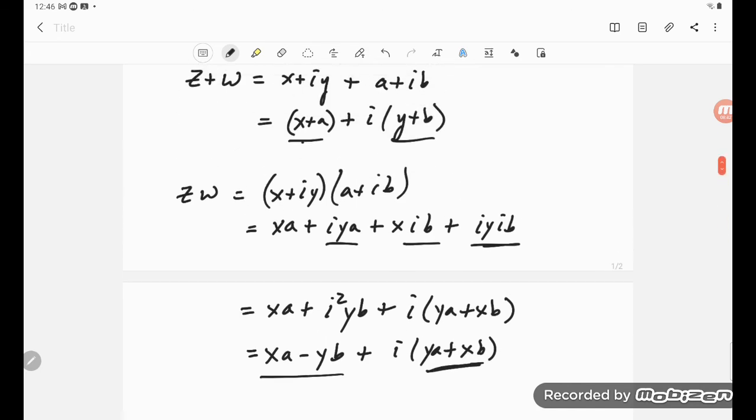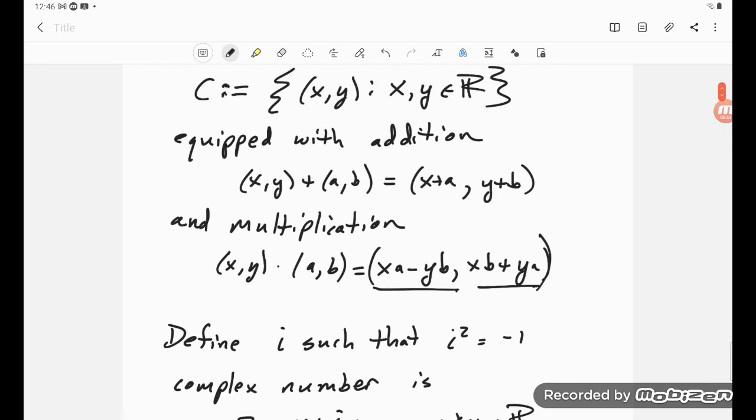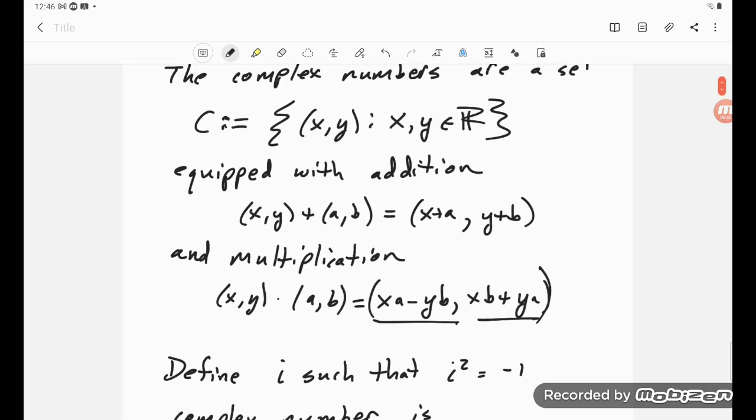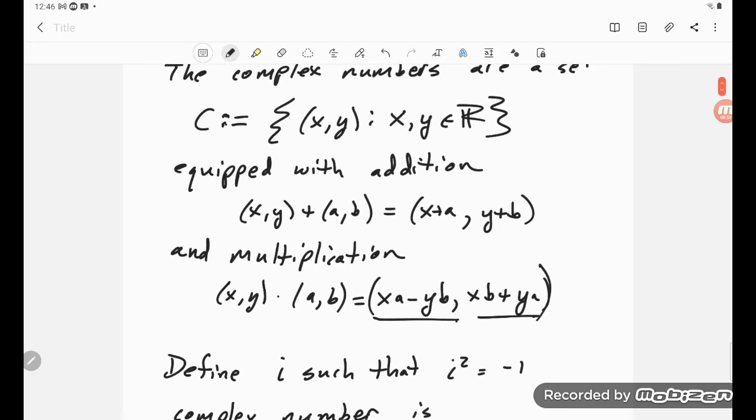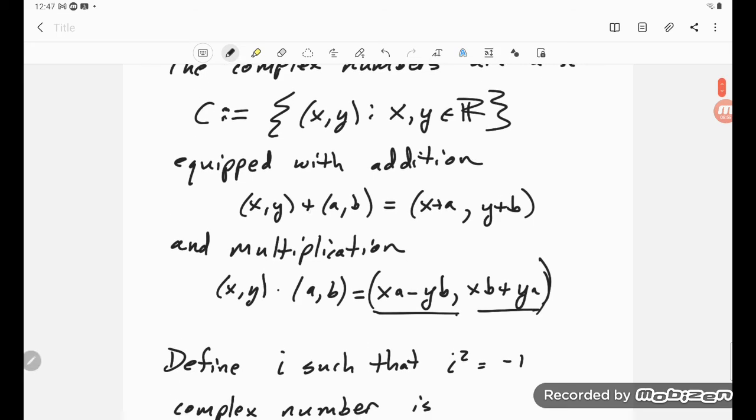And so you see, without ever introducing this idea of i, the square root of -1, or i squared equals -1, I can introduce this notion of complex variables.